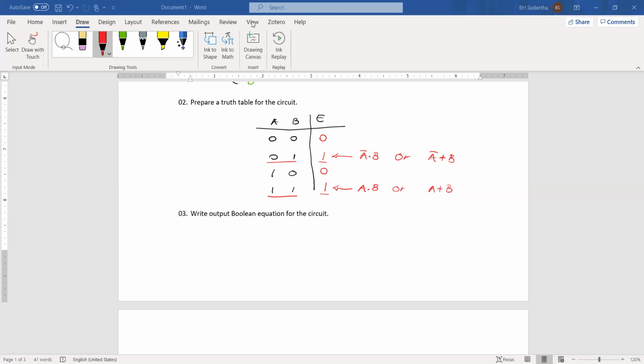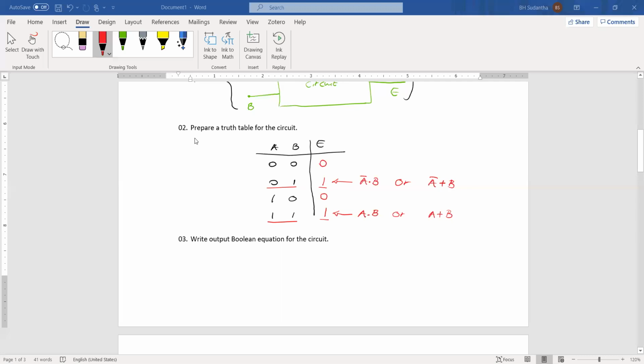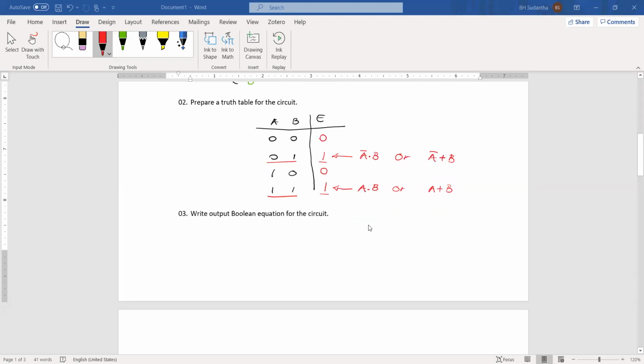Whether A is closed and B is open, then both conditions will be checked at once. But if you use OR operation, if A is okay or B is okay, output will be there. Got the point?